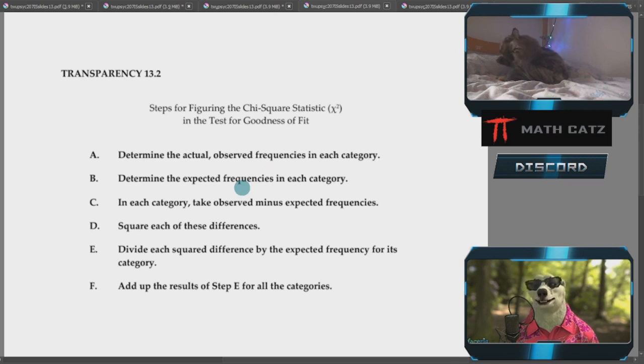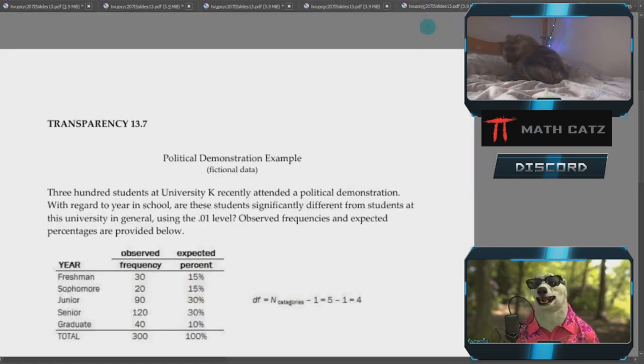We compare that to our expected frequencies from a prior study or some external knowledge. Then we look at the difference between the two for each of those categories, square them, divide by the expected frequency every time, and then add them up. So let's see an example that is different but the same kind of situation.